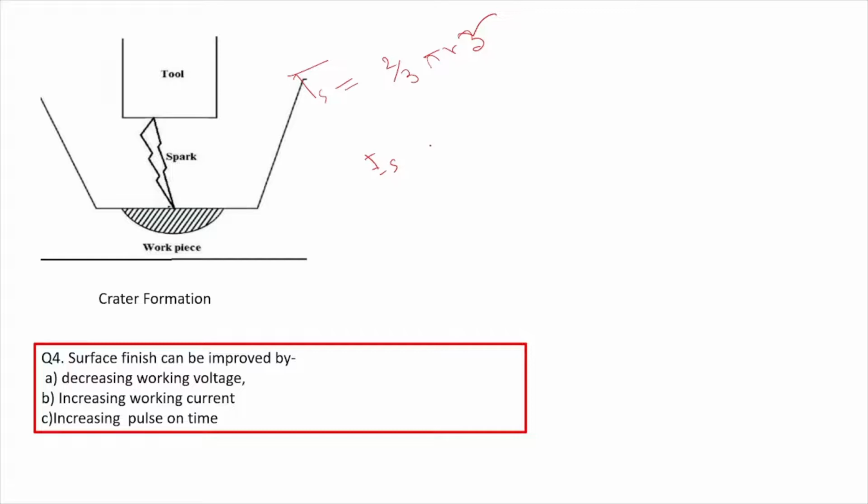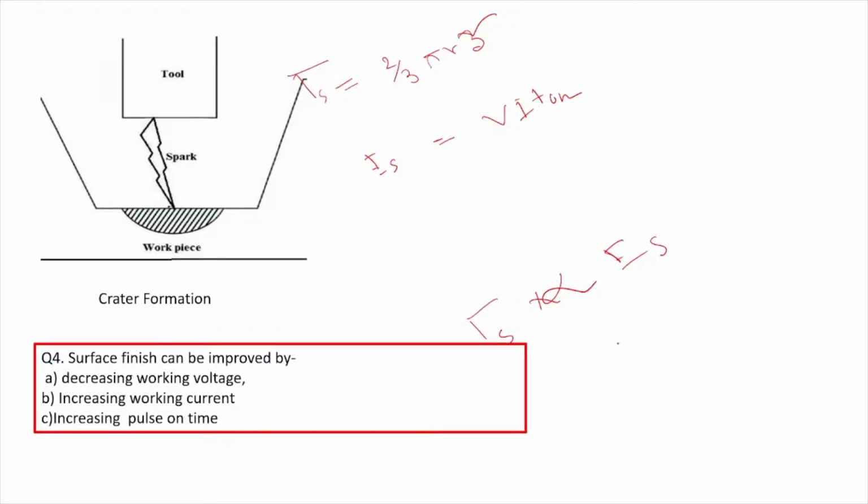Okay, so if E S, that spark energy, is given as V I T on, voltage into current into pulse on time, it can be assumed that the material removal in a single spark would be proportional to spark energy.